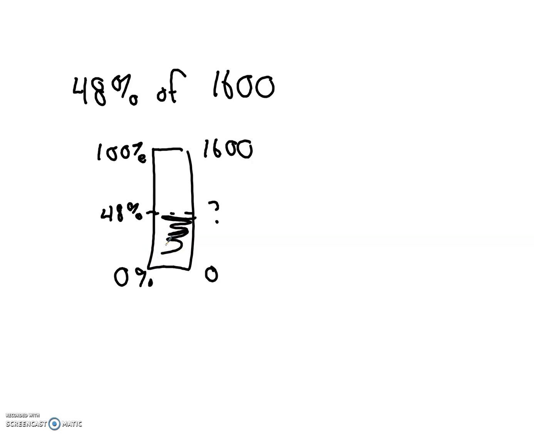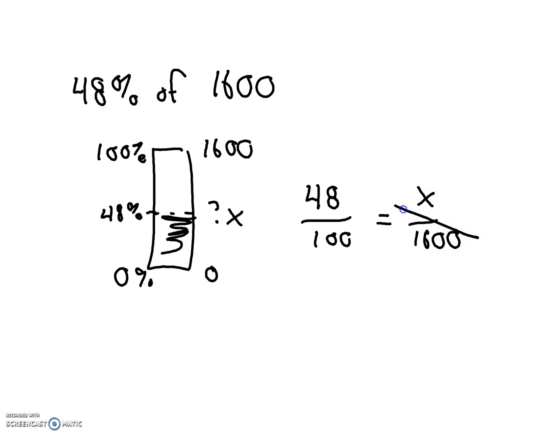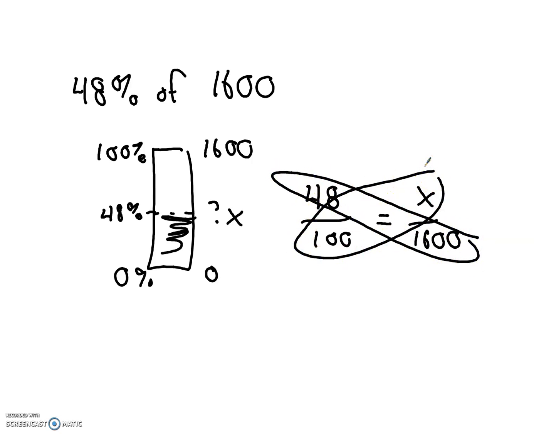So you say, all right, well, the ratios I've been doing before have been 48 over 100 equals my question mark. We'll go ahead and just use an x. x over 1,600. And then we'll solve this like we've done before. We'll go 48 times 1,600 has to equal 100 times x.